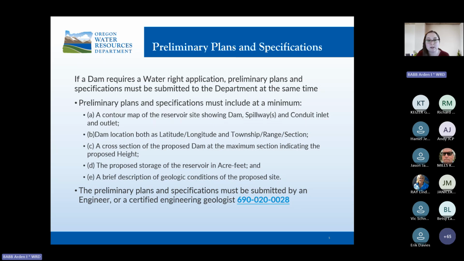Very briefly, the specifications will include a contour map showing some of the key elements, the location of the dam, a cross-section showing the maximum height, proposed storage in a storage area curve, and a description of the geology at the site. And then they need to be submitted by an engineer or certified engineering geologist.